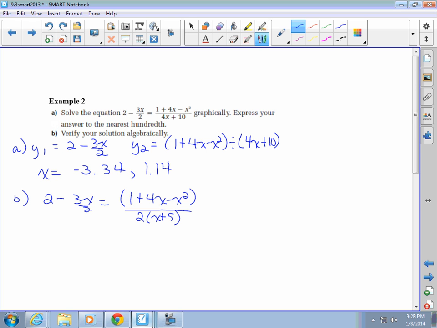My lowest common denominator, I have a 2, and I also have x plus 5, so that should be 2 times x plus 5. So that means I have to multiply everything through by 2 times 2x plus 5.